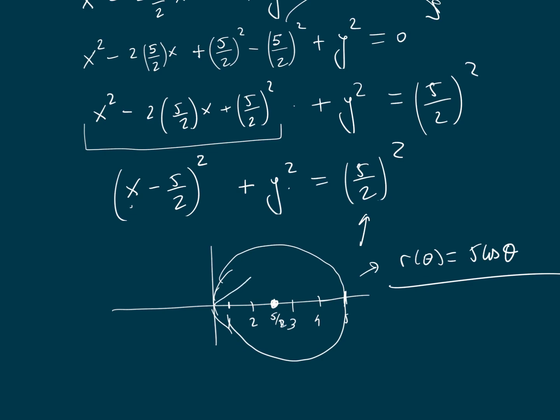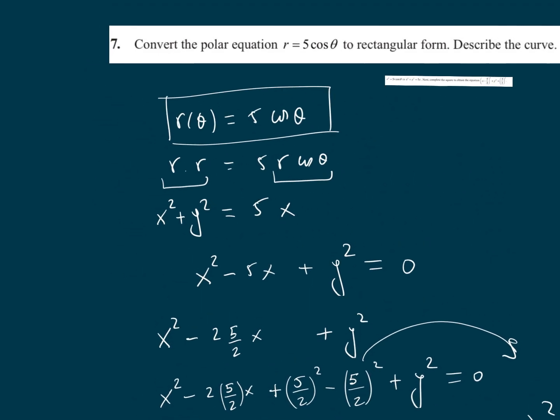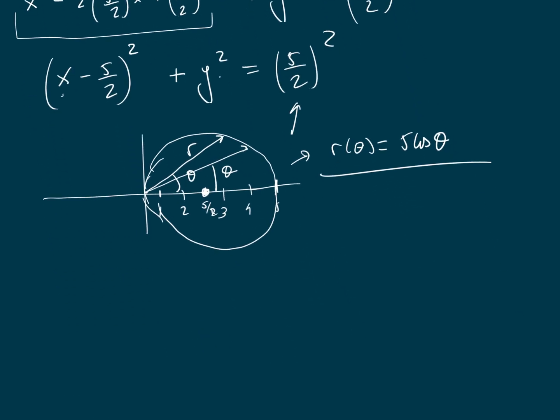This is the r, and this is the theta. And this is the representation of the polar equation 5 cosine of theta. 5 cosine of theta is the circle with radius 5 divided by 2, center at the point 5 divided by 2, 0.